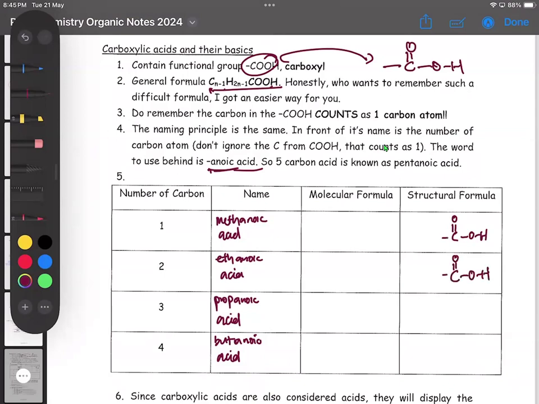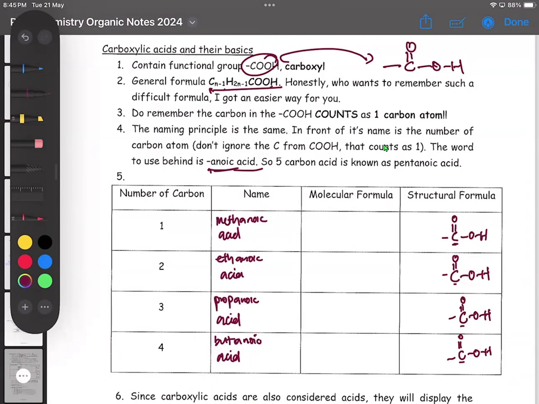So do the same thing. Then you go on to add in the number of carbons required to achieve the acid. So methanoic acid, there's already one carbon. This carbon is also valid, all these carbons are valid.